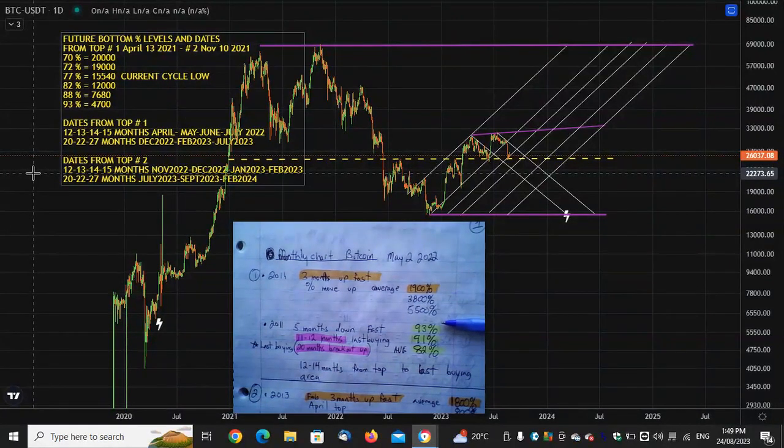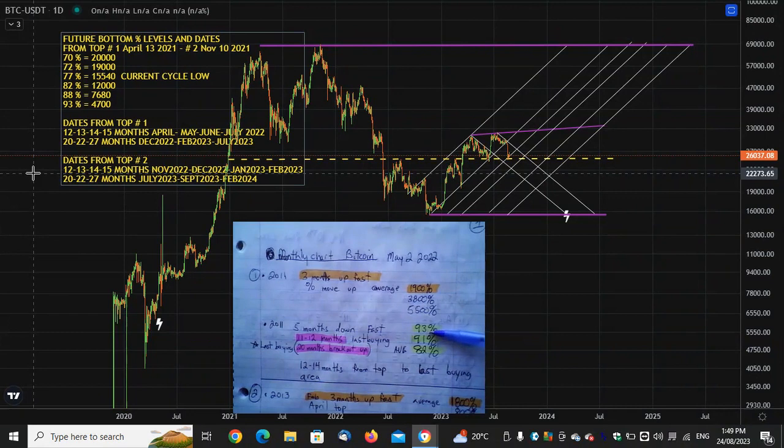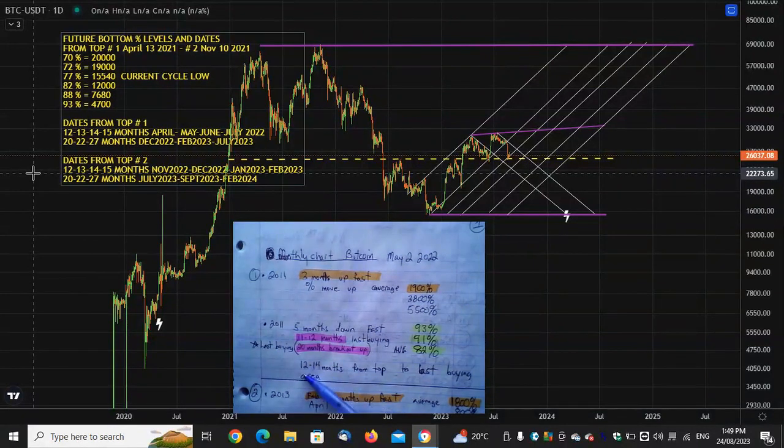To note also, the price of this asset came down a whopping 93% in 5 months, and over 11 months was 91%. And after 20 months before the breakout, it was down 82%. And so we're looking at these 12 and 14 months from these tops. That's what we're looking for.